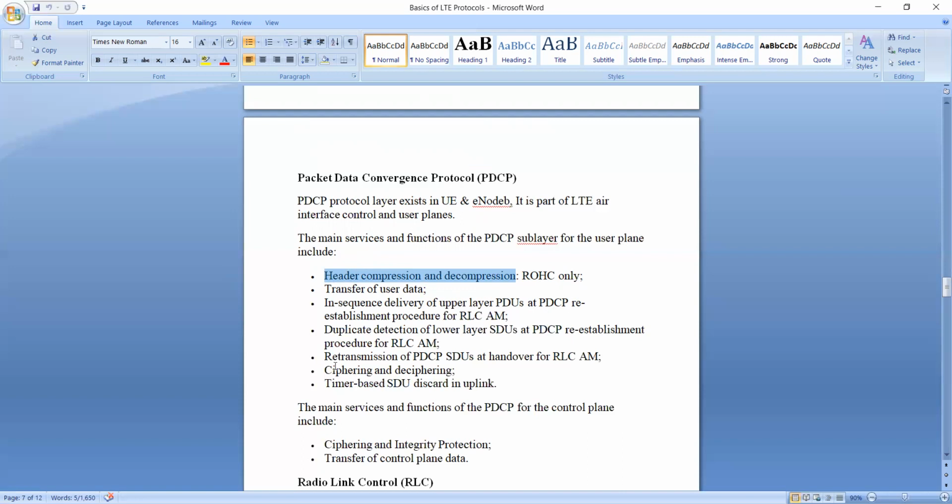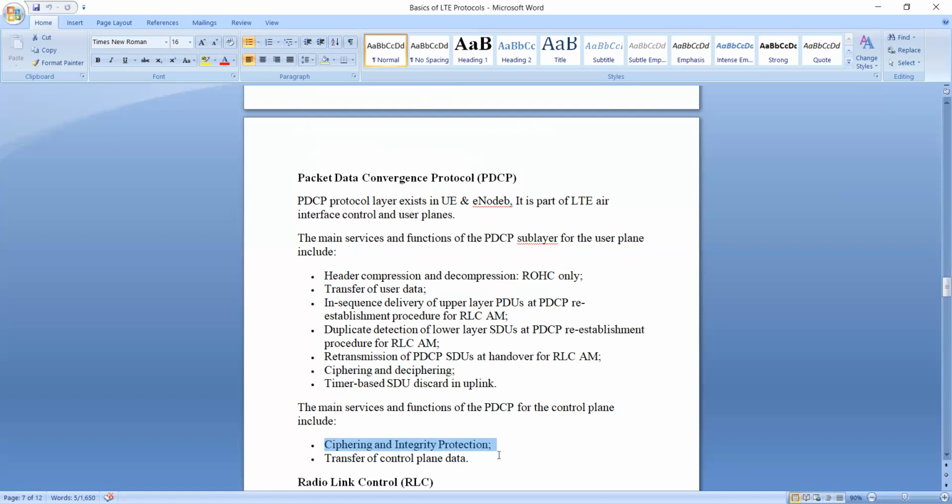And you can write ciphering and deciphering. First point is header compression and decompression, ROHC only. Second point is ciphering and deciphering. Third point is integrity protection.